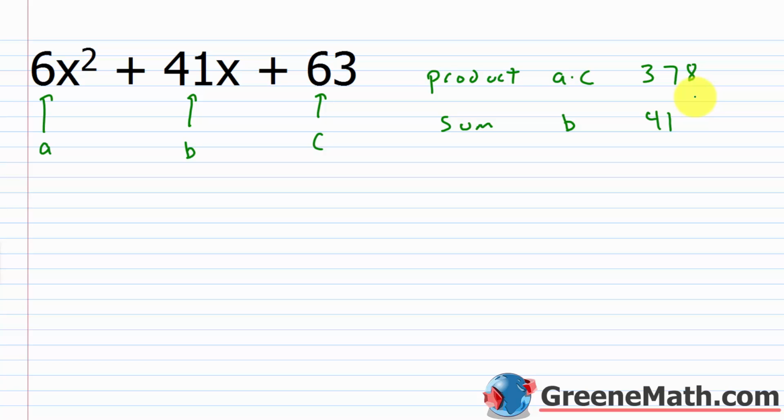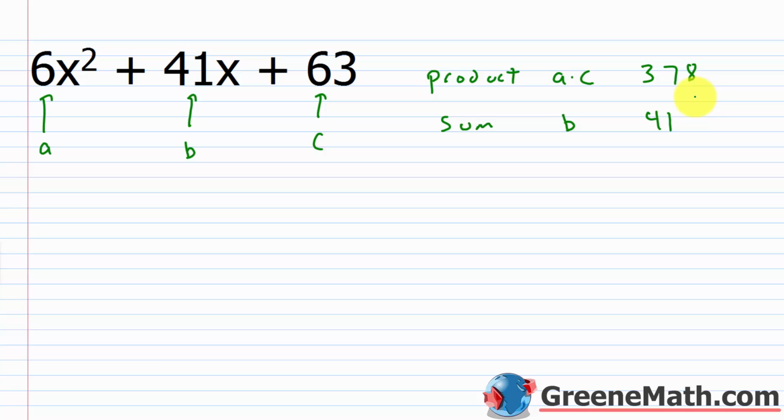If we divided 378 by 2, we get 189. So you'd have 189 and 2. That wouldn't work. 378 divided by 3 is 126. That wouldn't work. 378 divided by 6 is 63. Wouldn't work. 378 divided by 7 is 54. That wouldn't work. 378 divided by 9 is 42. That also wouldn't work. So then we go to 378 divided by 14, and we get an answer of 27.